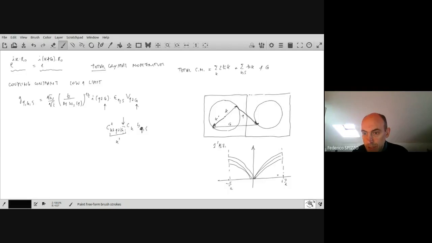So for large q values, the energy of the phonon is up here. So in general, a large modulus of q means a large energy for the phonon.